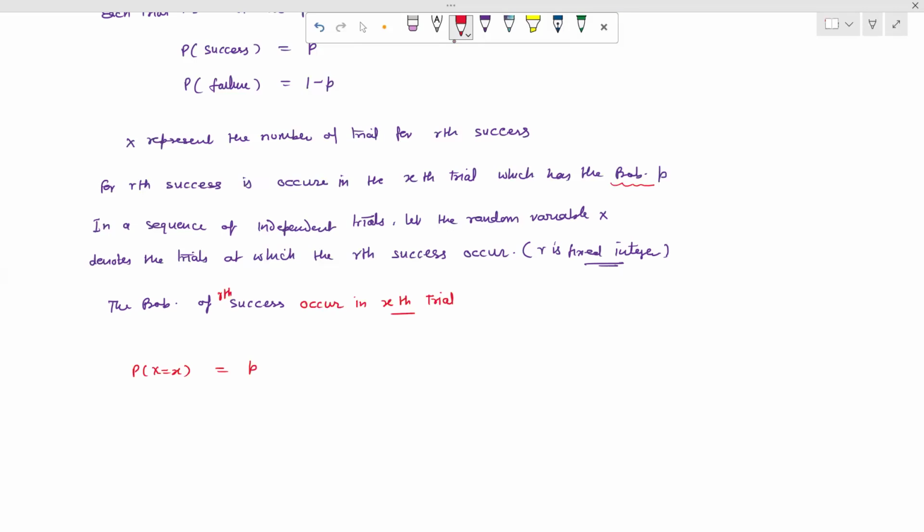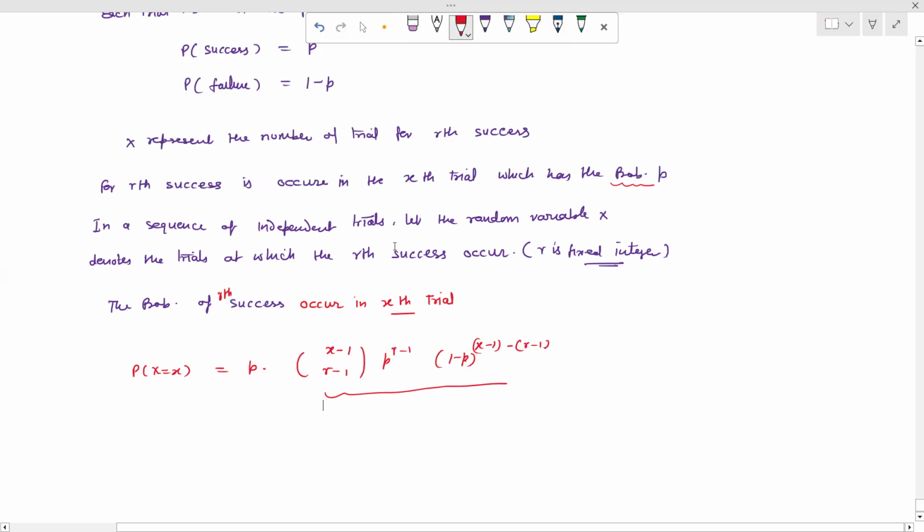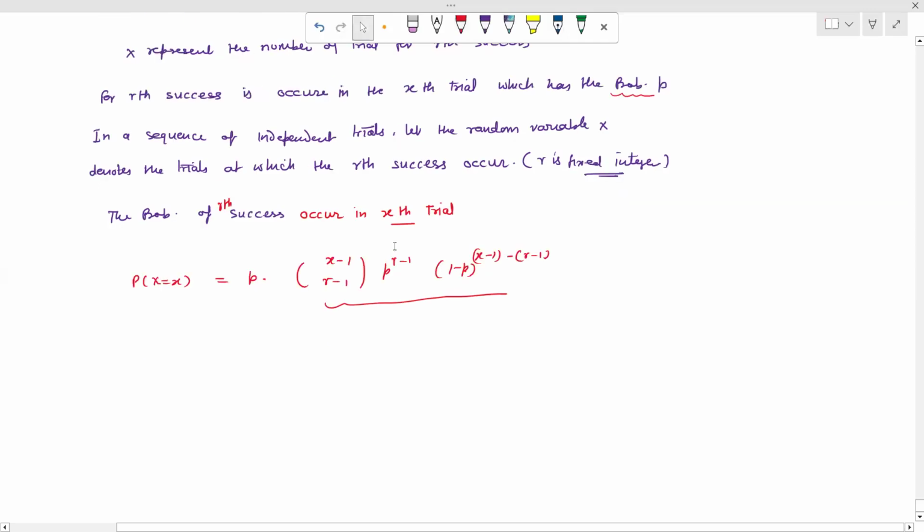So p into x minus 1 choose r minus 1. So p raised to the power r minus 1 into 1 minus p raised to the power x minus 1 minus r minus 1. So this will happen in r minus 1 successes in x minus 1 trials. Then our xth trial will definitely be a success.